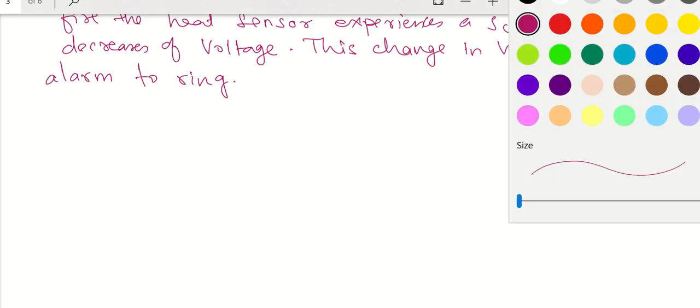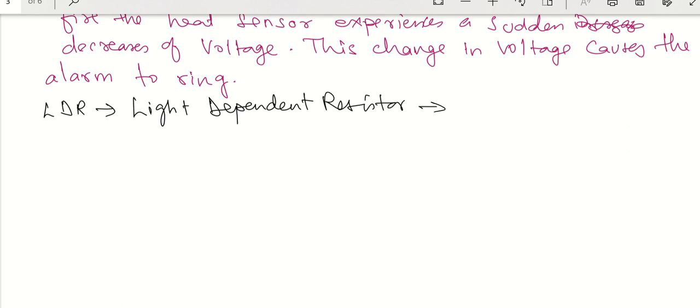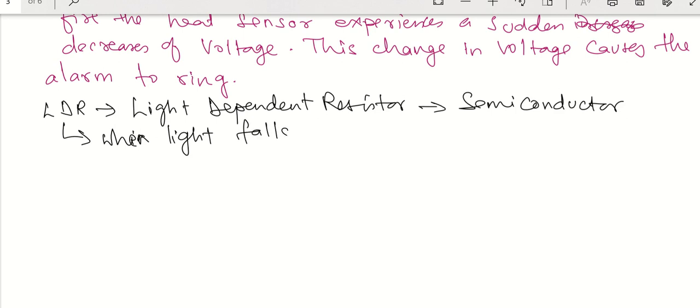Now exactly the same way, we have another device which is called LDR, which is nothing but your light dependent resistor. It's just like some sort of semiconductor, and when light falls, the electrons move, so resistance decreases.